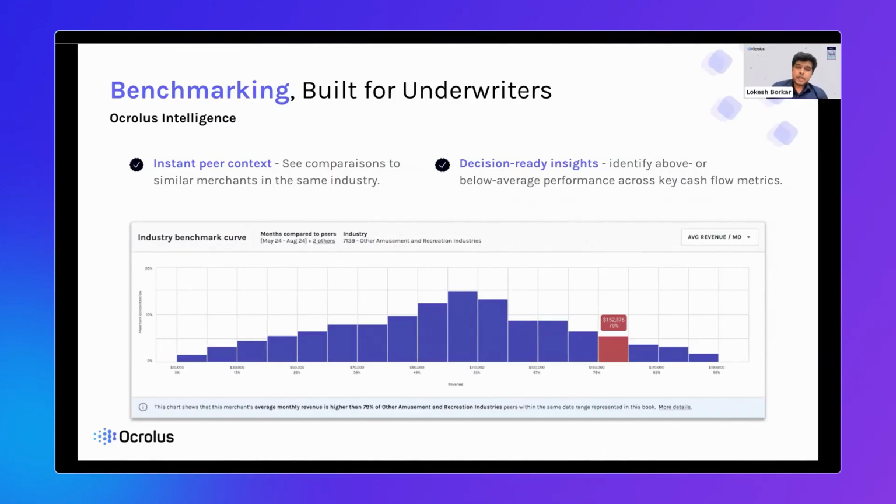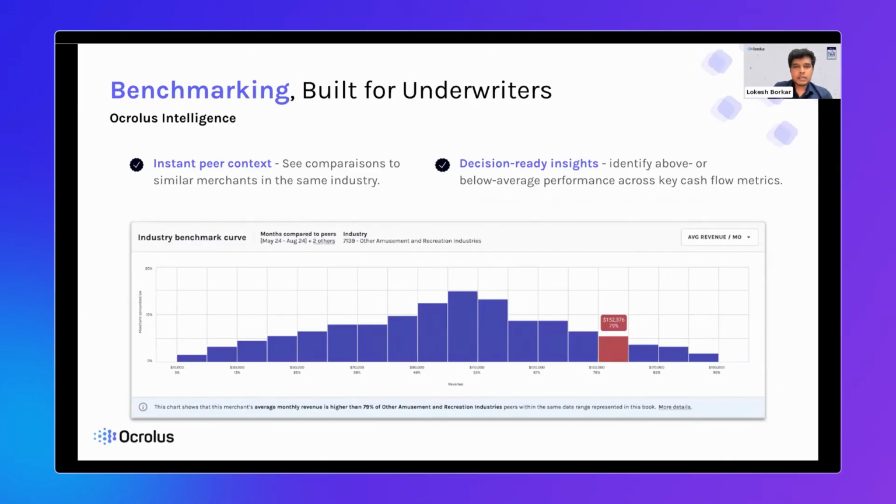Absolutely, David. So what Patrick just walked through is actually new to SMB lending. Historically, benchmarking like this simply hasn't existed in the industry, especially in SMB underwriting, and underwriters were left interpreting raw numbers in isolation. With benchmarking in the Ocrolus dashboard, we are introducing something that hasn't really been accessible to SMB underwriters, which is real peer-to-peer context at the moment of decisioning.